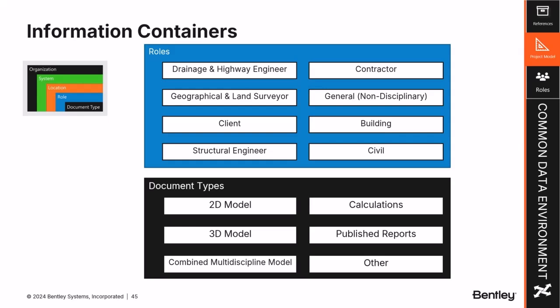And for the UK 2019 addendum for ISO 19650, the roles include drainage and highway engineer, geographical and land surveyor, the client, structural engineer, contractor, non-disciplinary or general documents, if you will, building and civil.